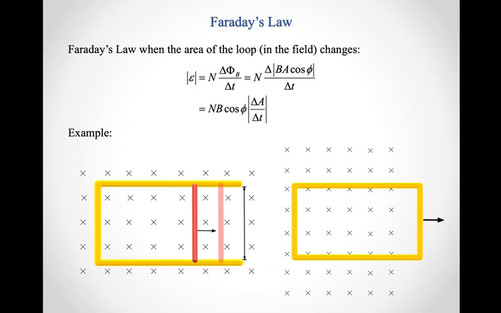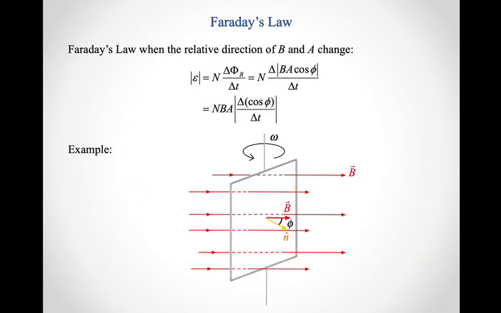So we've seen how B can change. We've seen how A can change. The last option we've got is what's going on with the relative orientation between B and the normal vector. So if I take my loop, put it in a magnetic field, and then spin it, I'm going to let my loop spin around.